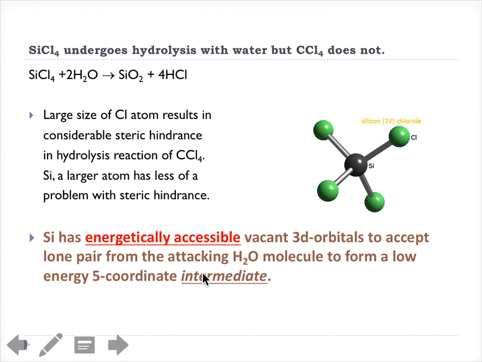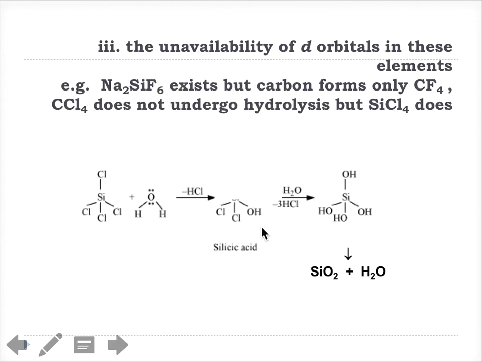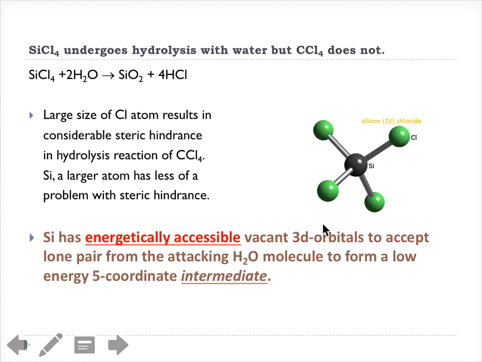So this is how the uniqueness principle applies. Carbon does not have energetically accessible 3d orbitals, but silicon does. Therefore, silicon can undergo this process, whereas CCl4 cannot do so.